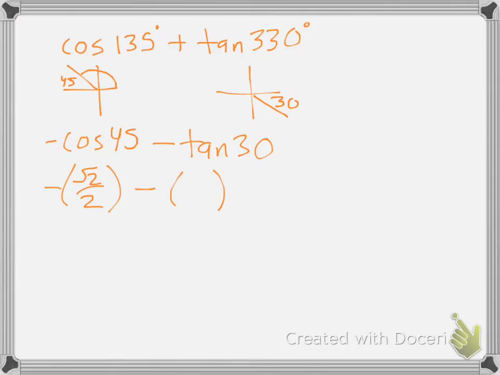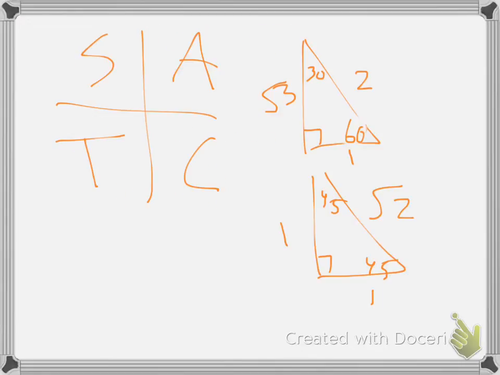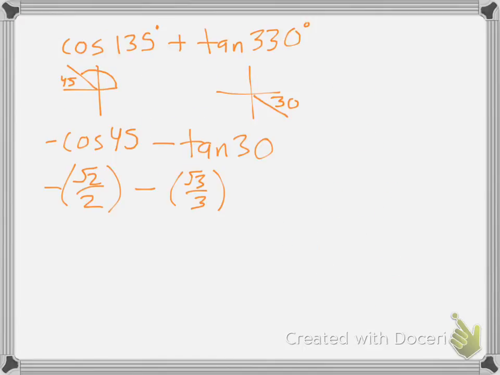And the tangent of 30 happens to be square root of 3 over 3, because normally it's 1 over the square root of 3. Or was that correct? Tangent of 30 is 1 over square root of 3, correct. It's on our circles and triangles.